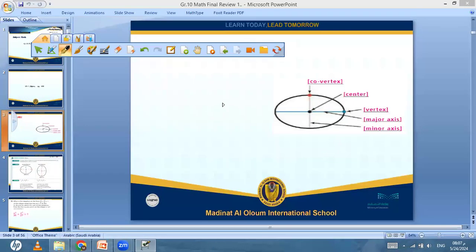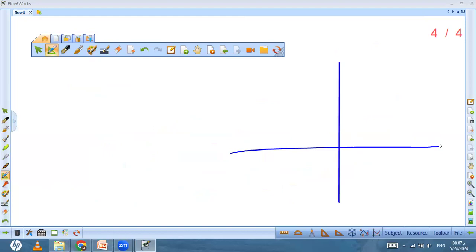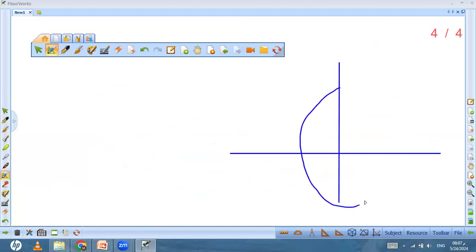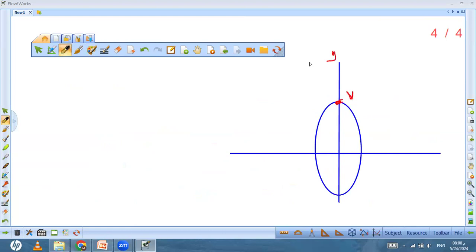Vertical ellipse. I'll graph it like this one. Then I have this vertex now. Look, the vertex was on Y, guys.